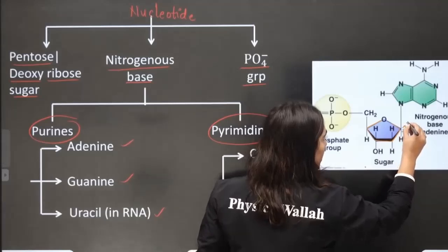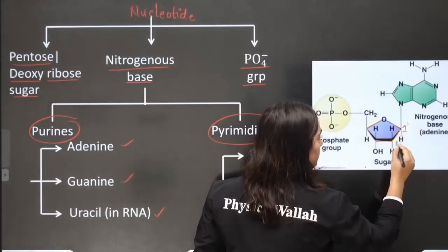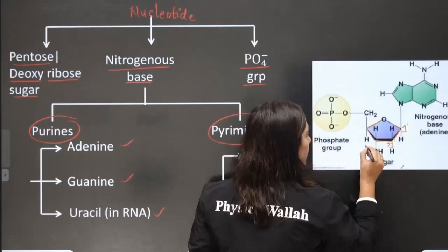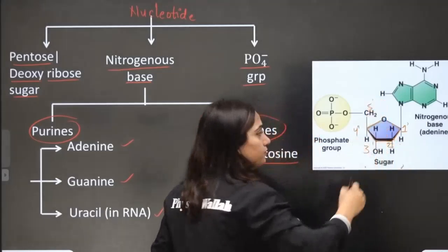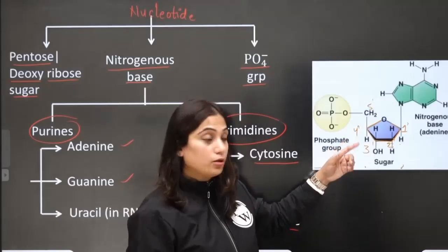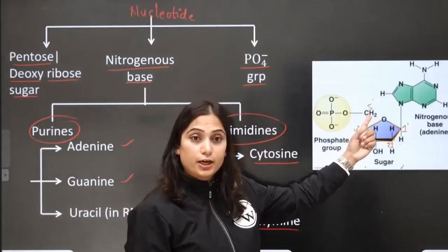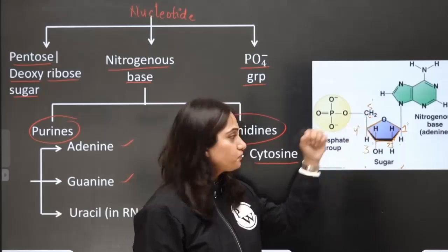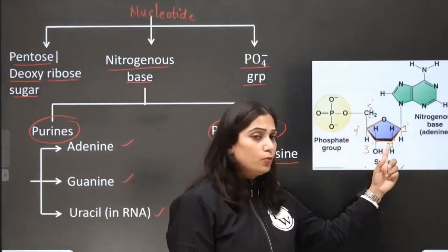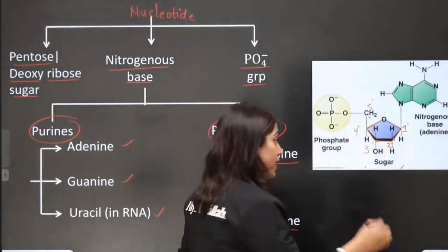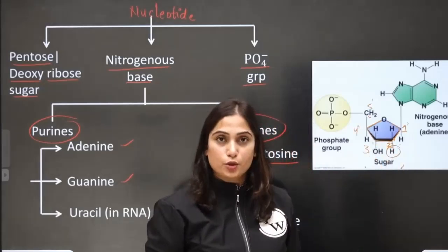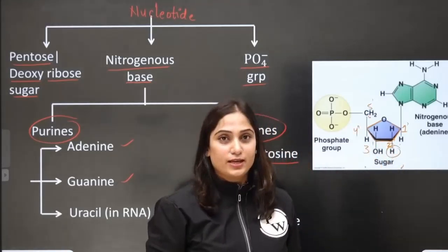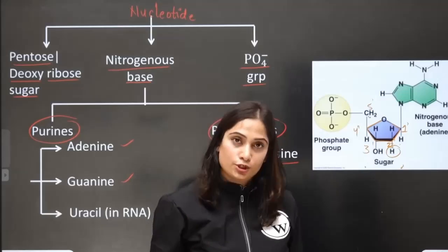This is 1' carbon, 2' carbon, 3' carbon, 4' carbon, and 5' carbon. The 5' carbon of the sugar is present outside the ring. So, at the 2' position, there is only hydrogen, not the OH group. That is why it is called deoxyribose sugar.